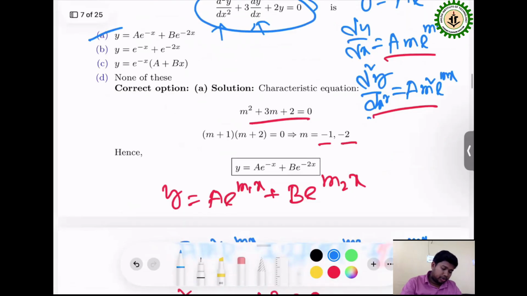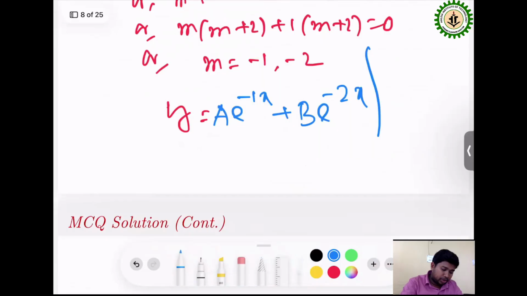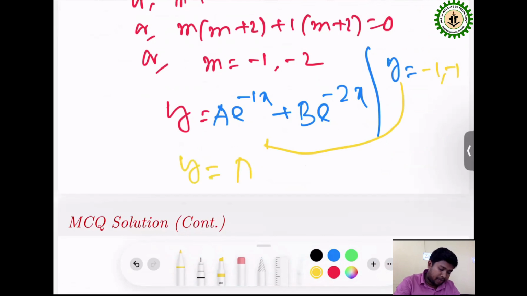Suppose the roots are minus 1 and minus 1. In any question where you obtain equal roots, what will be the general solution? You can write y equal to a plus bx into e to the power minus x.